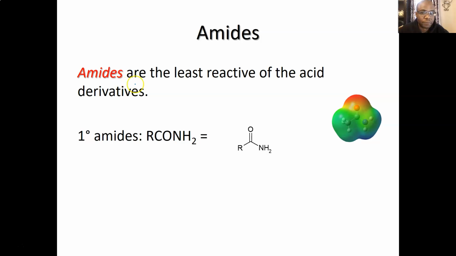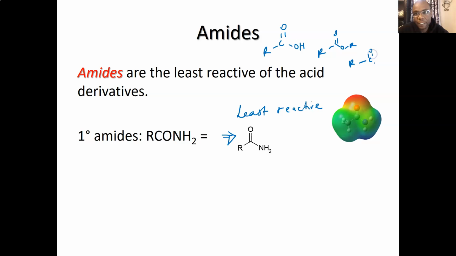Amides. This is the general structure of an amide functional group. Of course, we always say that it is the least reactive of the carbonyl containing structures. It's less reactive compared to carboxylic acid. Of course, we know carboxylic acid is less reactive than an ester, and an ester is less reactive than anhydride.